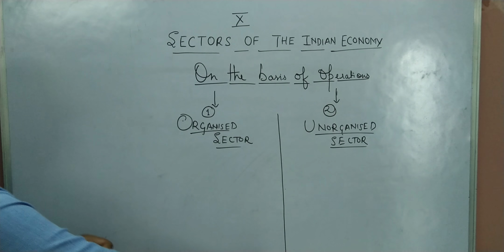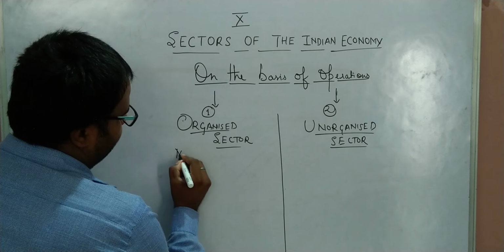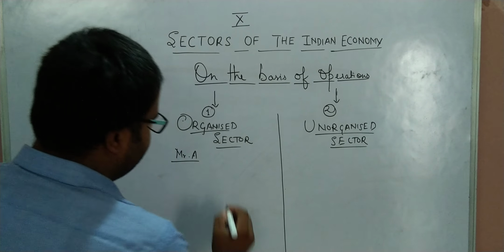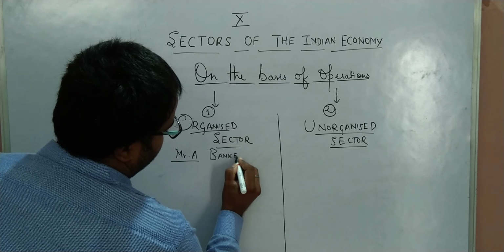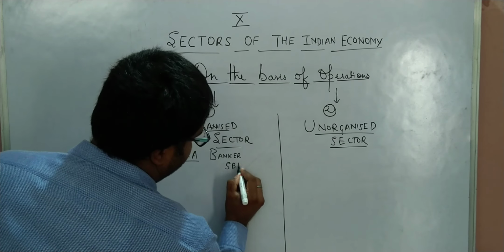If you take the example of a person, let's say Mr. A, and he is working in a bank. He is a banker, let's say employed in SBI, State Bank of India.